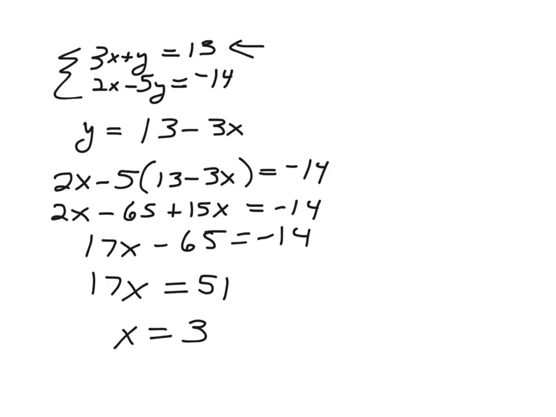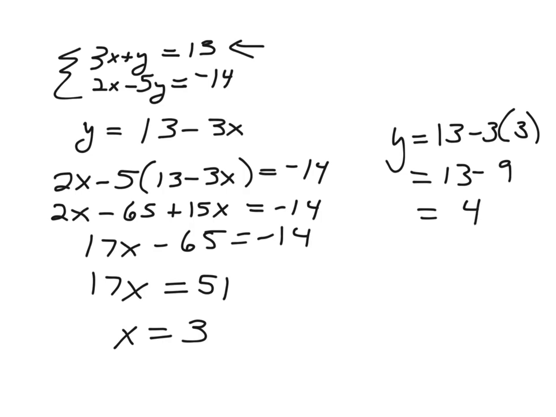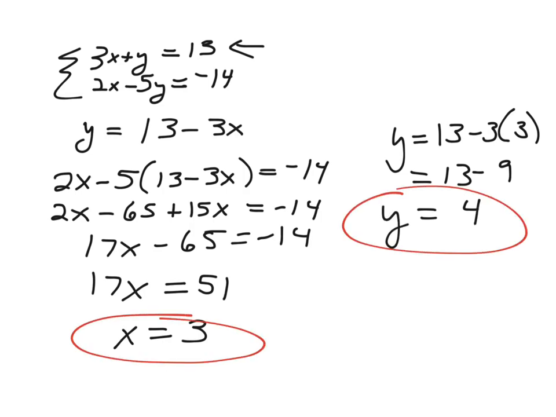Then I can substitute x in to solve for y. So I have 13 minus 9, or 4. So the solution is x equal to 3, y equal to 4.